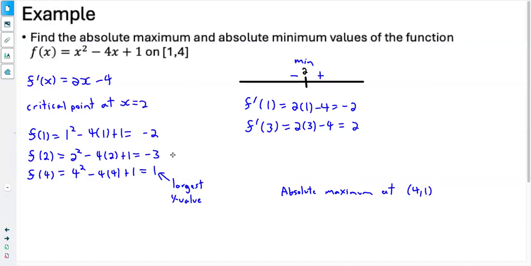Now we can see our lowest point was here, which was where we already knew we had a minimum. So we know that we have an absolute minimum at 2 comma negative 3.